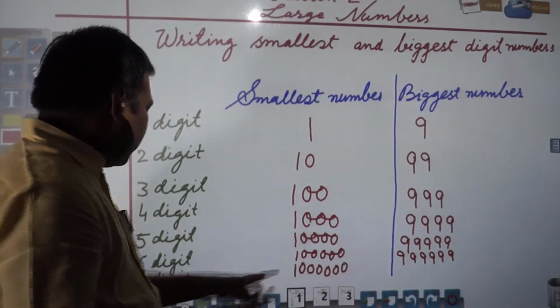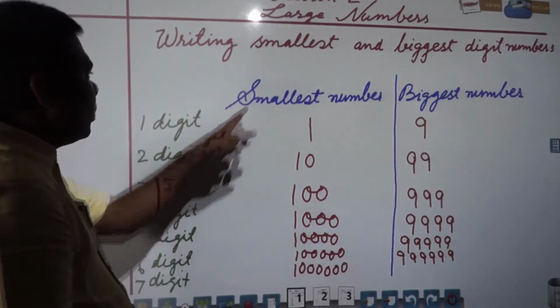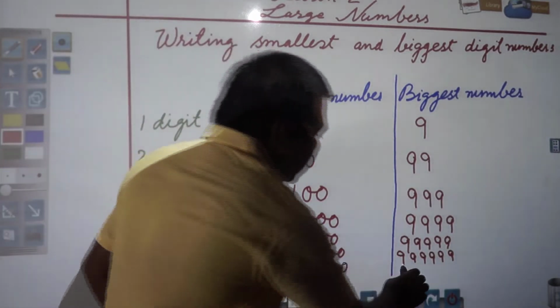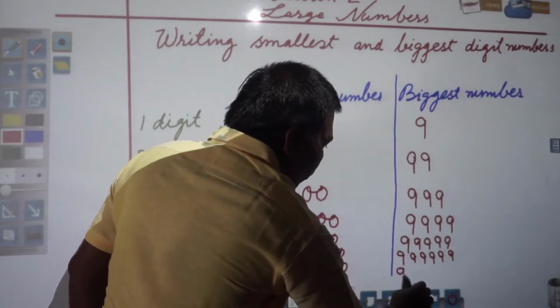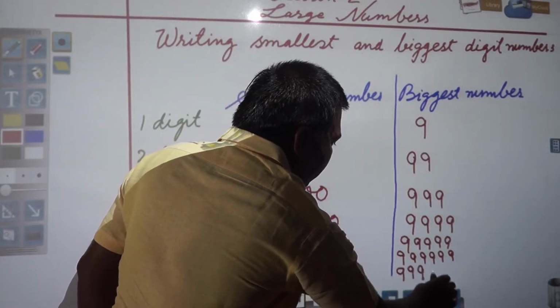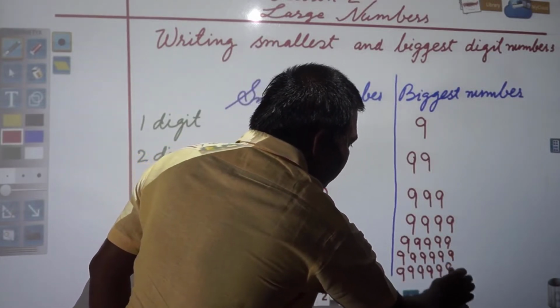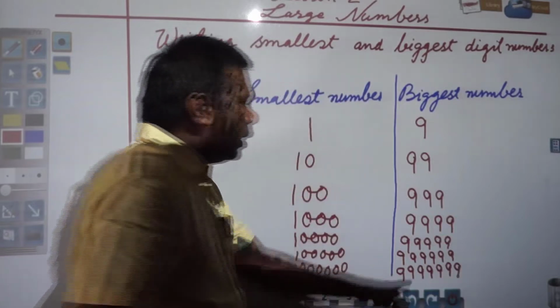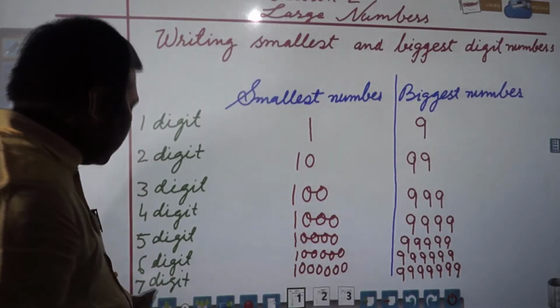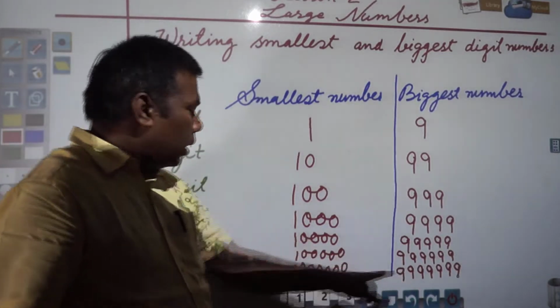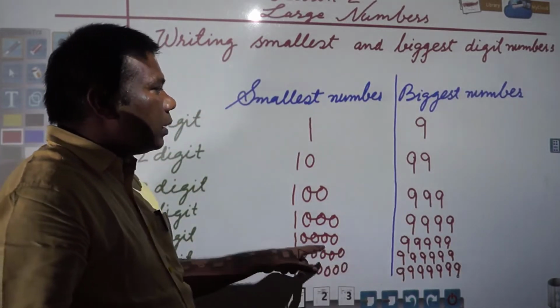So it became the 7 digit smallest number. And you write 9 seven times. This became the 7 digit biggest number, and this is the 7 digit smallest number.